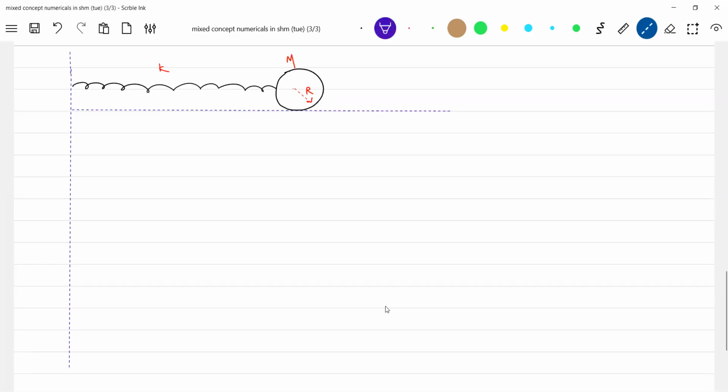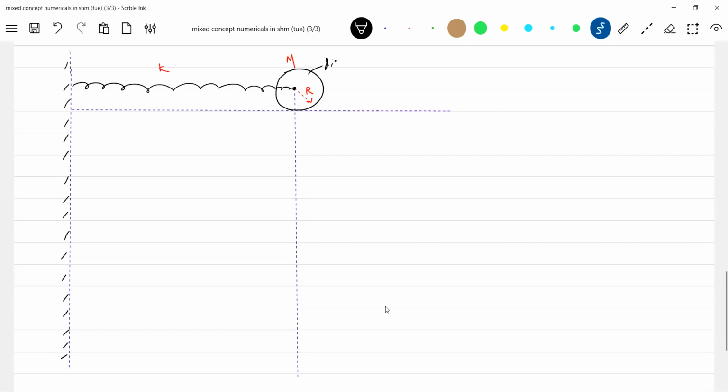We'll define it like this. We have to find out the time period of oscillation. So let me take a disk. If you want, you can put a solid sphere, anything. There's a rough surface. We have to find out the time period of oscillation.